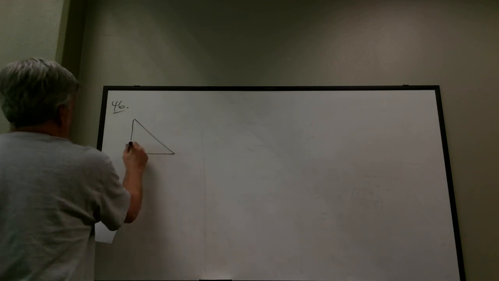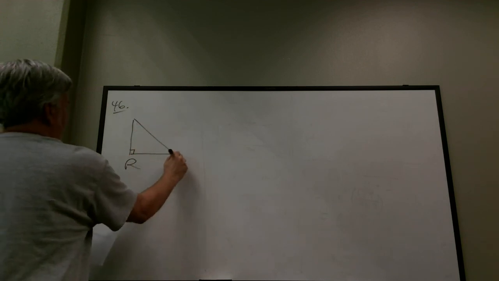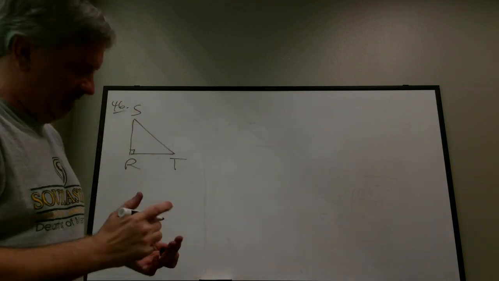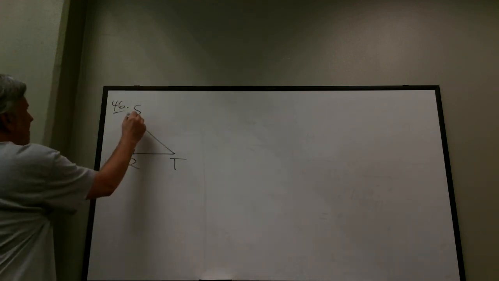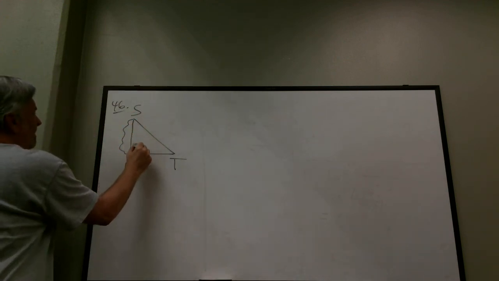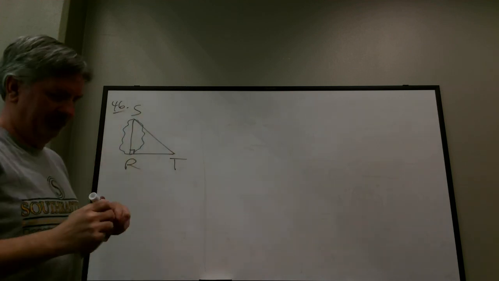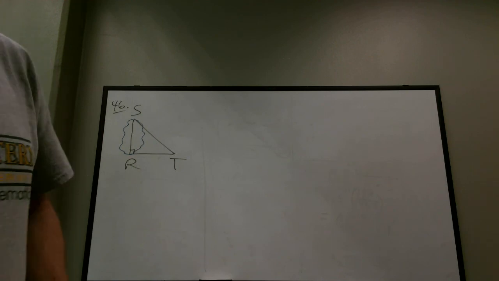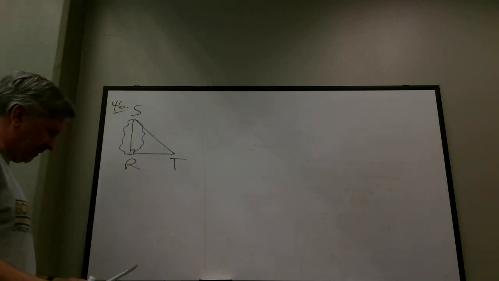They have this triangle. Here's R, and here's T, and here's S. And this line segment RS is spanning a lake. There's a lake like this. Okay, so that's the picture in the book.